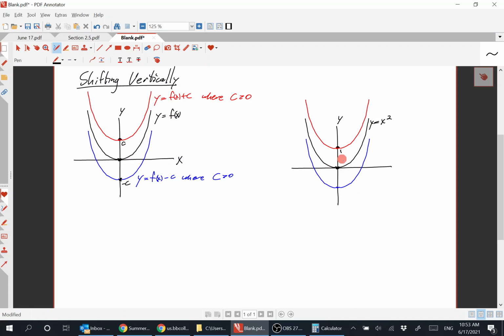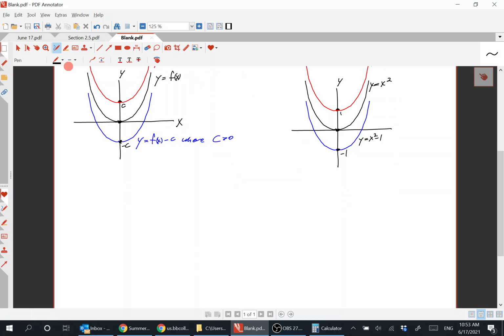And if I say this is 1 and this is minus 1 here, this is y equals x squared plus 1. This is y equals x squared minus 1. So that's shifting vertically. What if we want to shift horizontally?